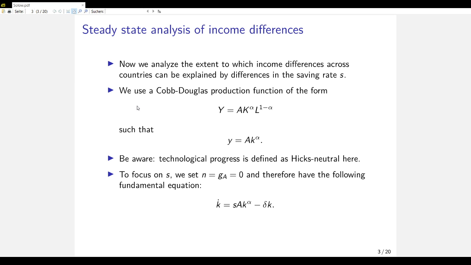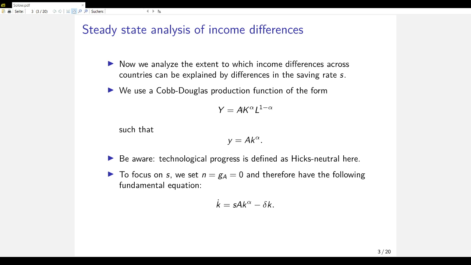For that purpose, we do not use labor-augmenting technological progress, but a Cobb-Douglas production function of the form stated here, where technological progress appears as Hicks-neutral. The reason is that with Hicks-neutral technological progress, we can better isolate the effects that capital accumulation has on economic growth from the effects of technological progress, which we will look at in another video.